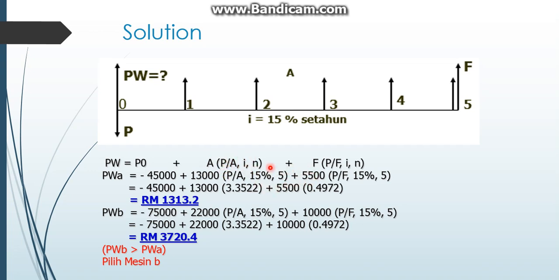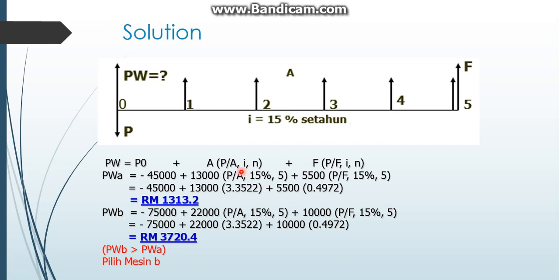And this factor we have to calculate, or we can directly obtain from the table, which is C15. Before we obtain the value, we must get this format first. This format means that we have to find P, the present value, but we are given A, I, and N. A is the annual cost, I is the interest rate, and N is the number of years.